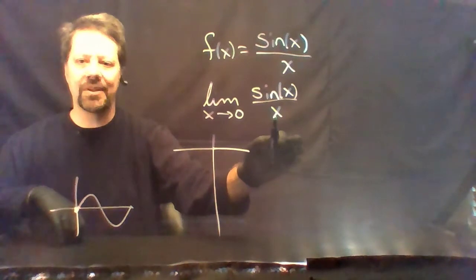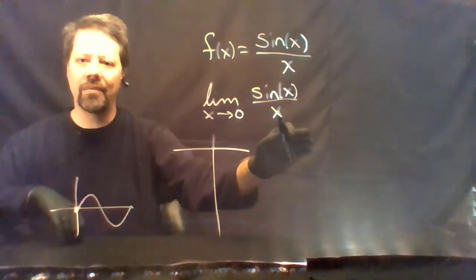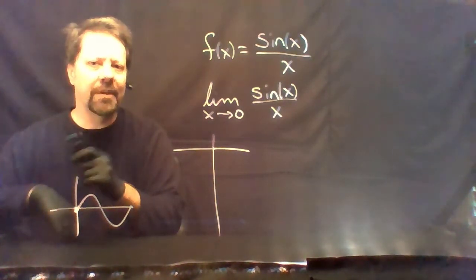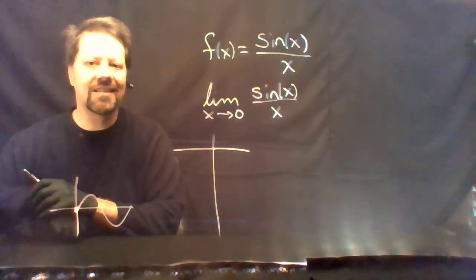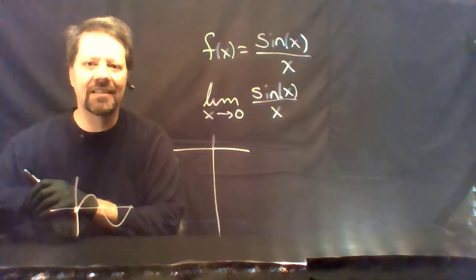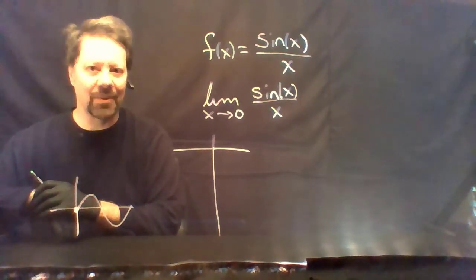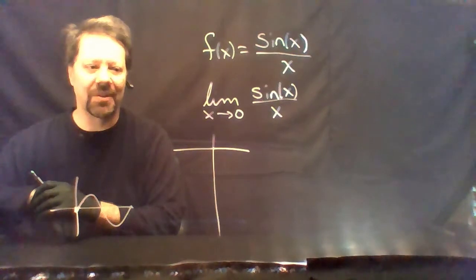If I plug in x equals 0 in the denominator, I'll have 0 divided by 0, which is undefined. However, I want you to beware. 0 divided by 0 in the context of limits means more work. It doesn't mean undefined. It means more work, because we don't care what happens at x equals 0. We want to know what happens near x equals 0.